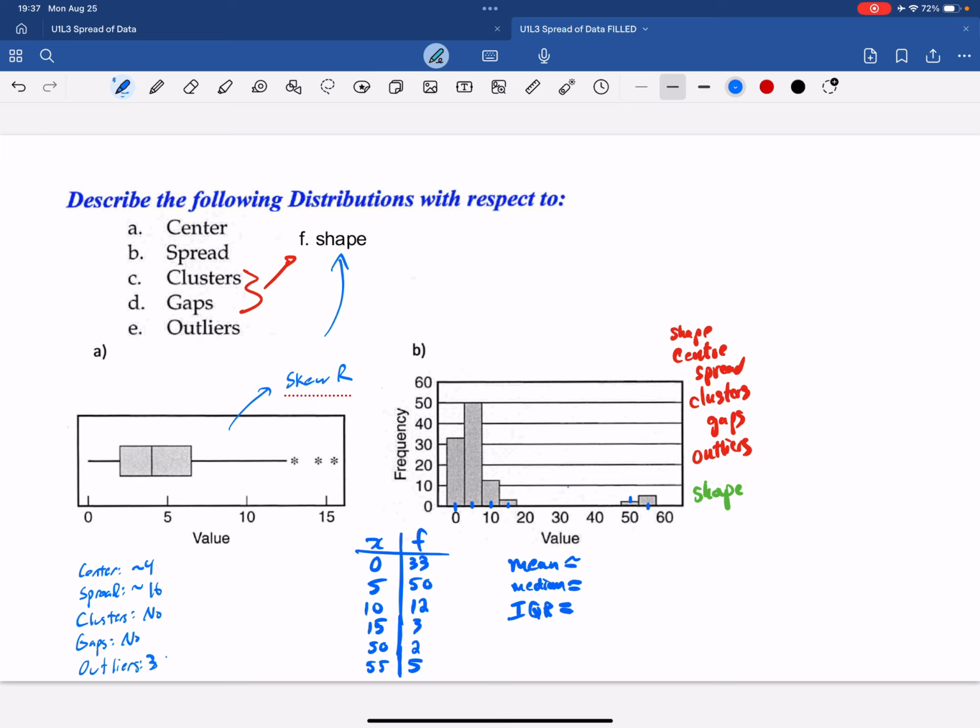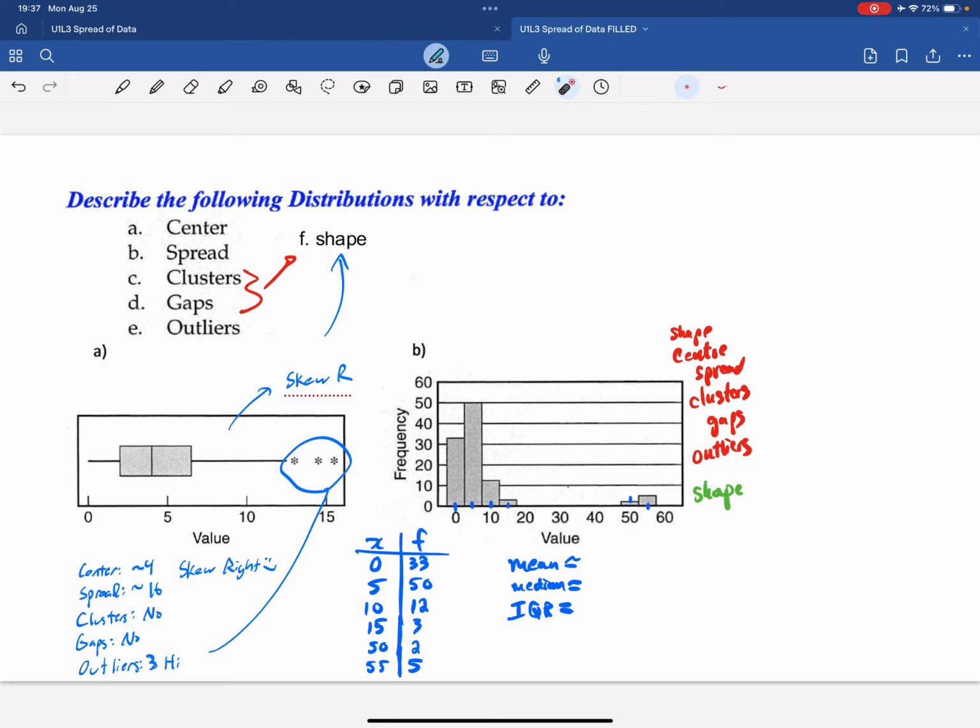Those are those. And shape, it's skewed right. And we can see that both by the presence of outliers, but also this really long whisker here.